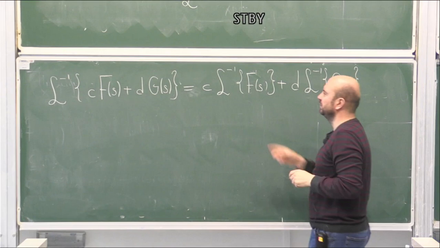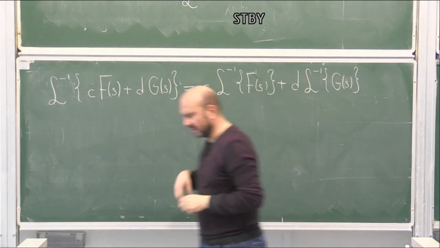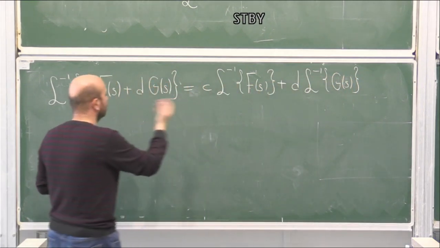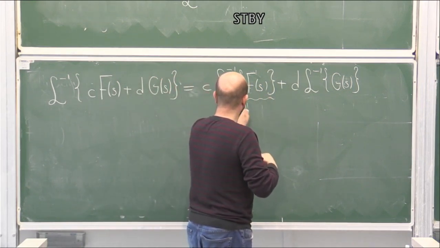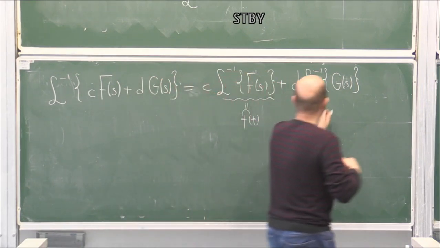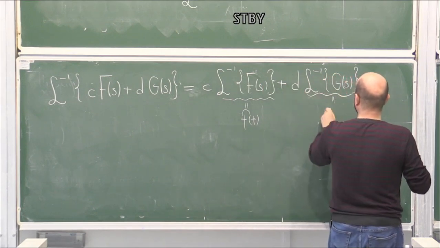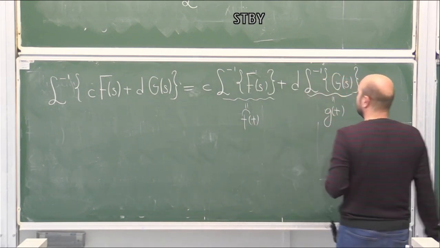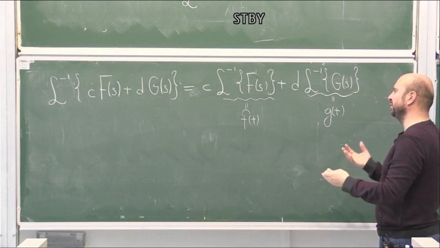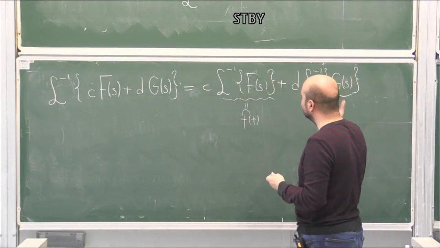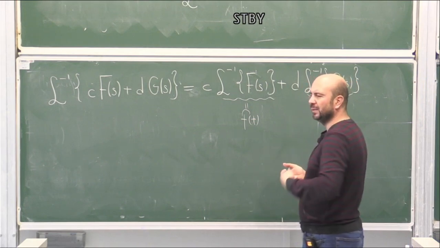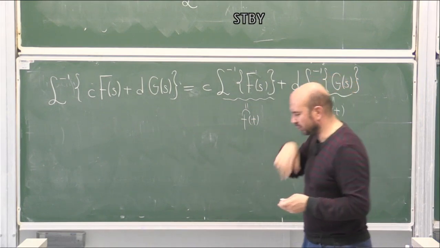Okay, so inverse is unique. So this way, you can come back to the time domain. So maybe you can call this f of t, and this g of t. So how are we going to handle these things? Of course, we will go back. At some point, we will use our memorization because we know certain formulas.